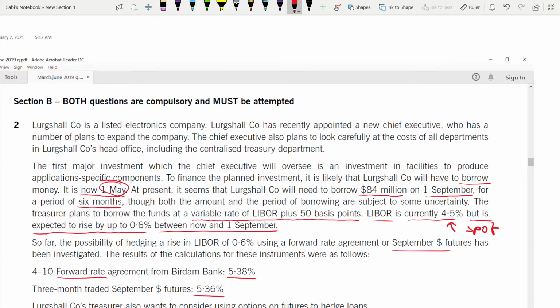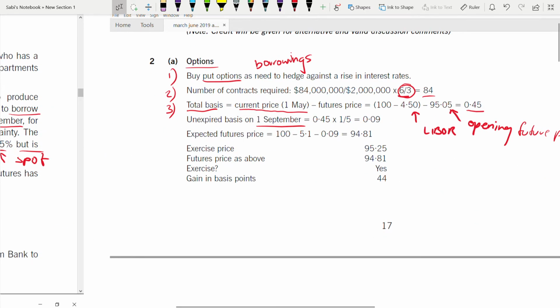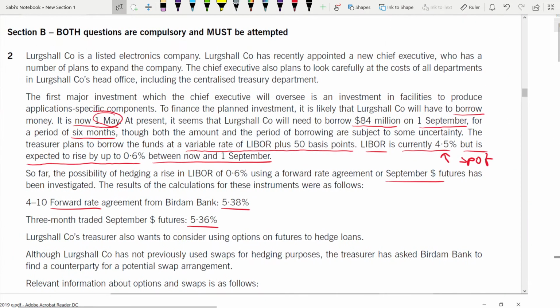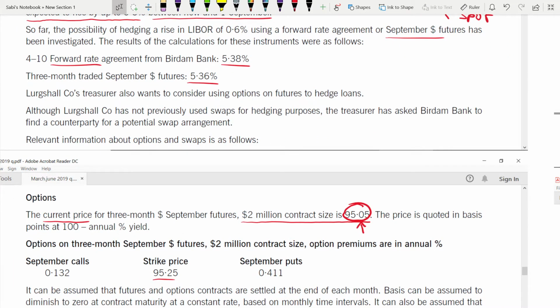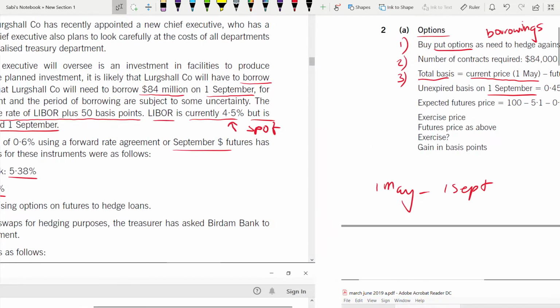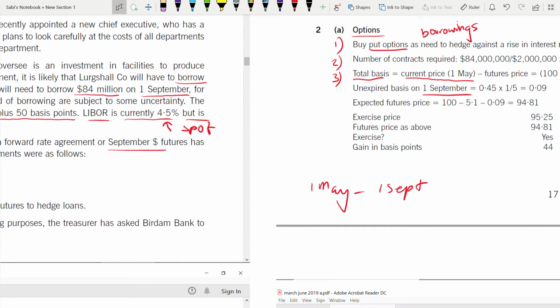From 1st of May to 1st of September: May, June, July, August, September.